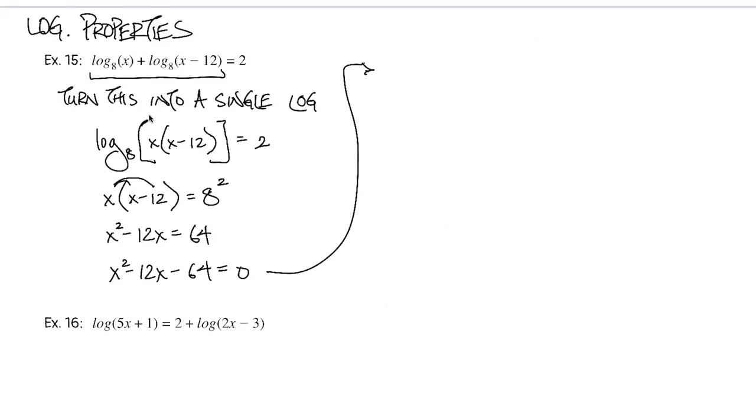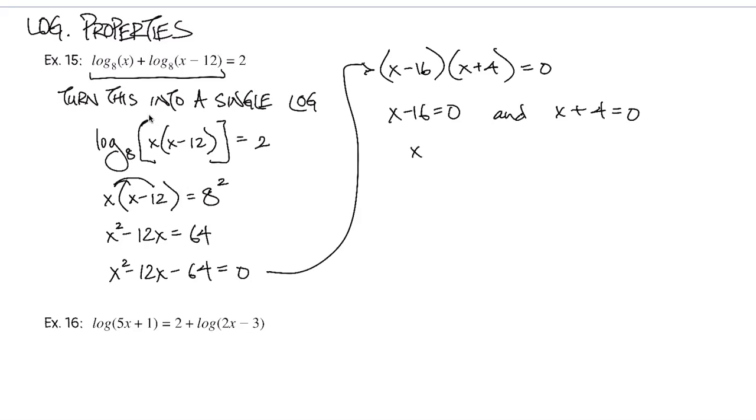Negative 16 and 4. Beautiful. So x minus 16, x plus 4 equals 0, which means that x minus 16 equals 0 and x plus 4 equals 0. And x equals 16, x equals negative 4, all right?